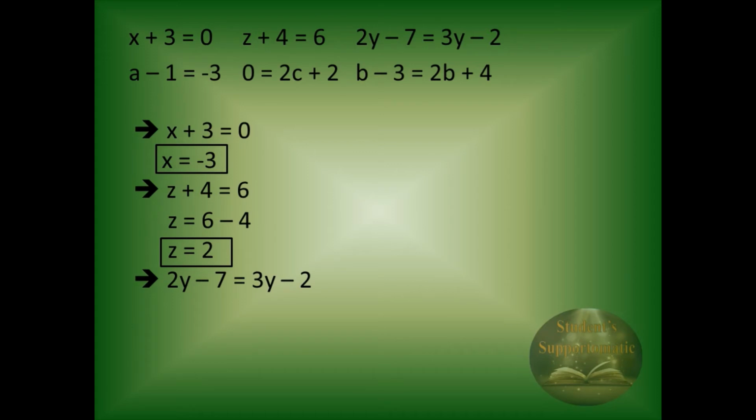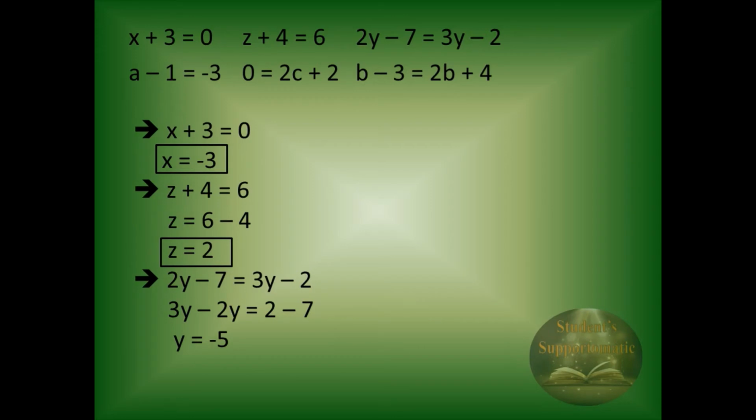Next equation, 2y minus 7 is equal to 3y minus 2. Here we have the variable y on both sides, so we collect the similar terms: y terms on one side and constants on the other, that is 3y minus 2y is equal to 2 minus 7.